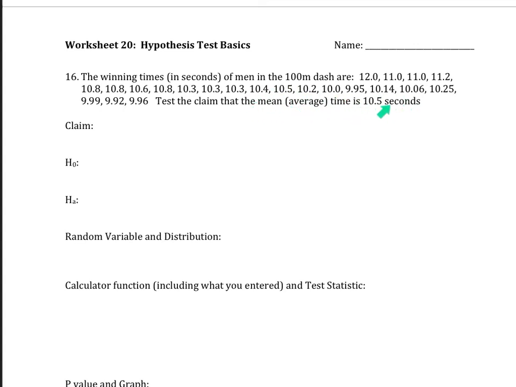So this is a test about the mean, so I'm going to use the symbol mu equal to 10.5, so that's my claim. Again, here I'm not using P, which is a proportion. Here I'm looking for the average or the mean time, so I'm going to use mu. The claim has an equal sign in it, so that's going to be our H naught.